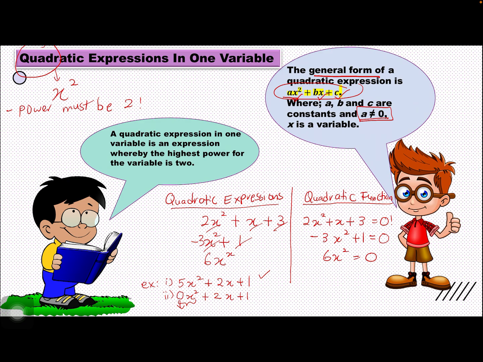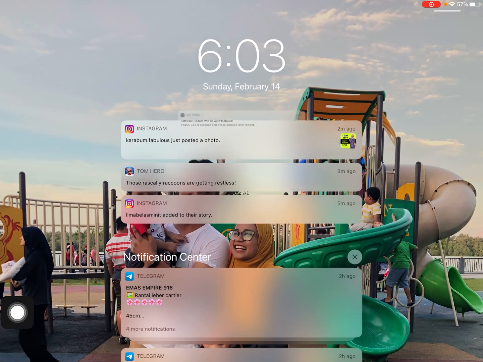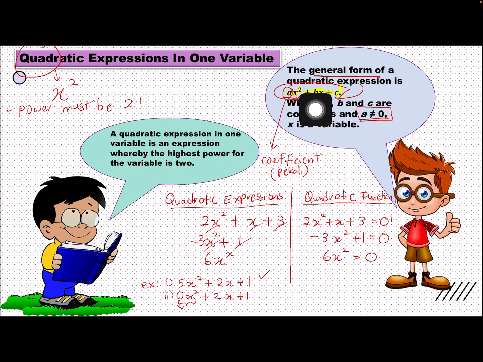Why? Because a is the coefficient for x squared. Coefficient, per kali in Bahasa Melayu. The coefficient for x is b, and the coefficient for c is c, the constant. So you cannot make a to be 0, because when a equals 0, 0 times x squared will be 0.